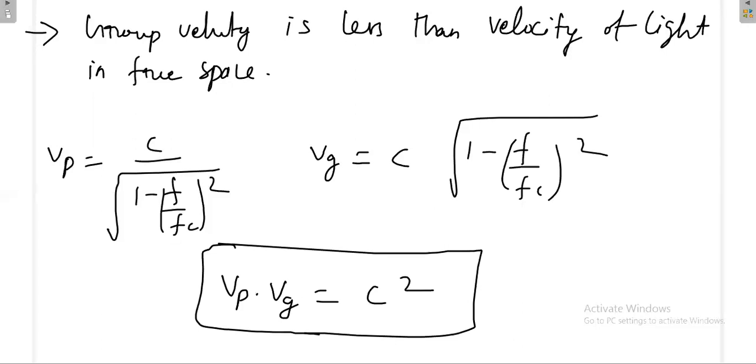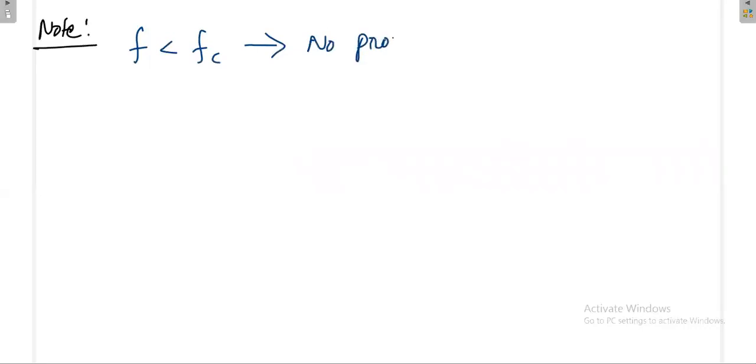Next, I will take one note. Suppose my frequency is less than the cutoff frequency, definitely there is no wave propagation.